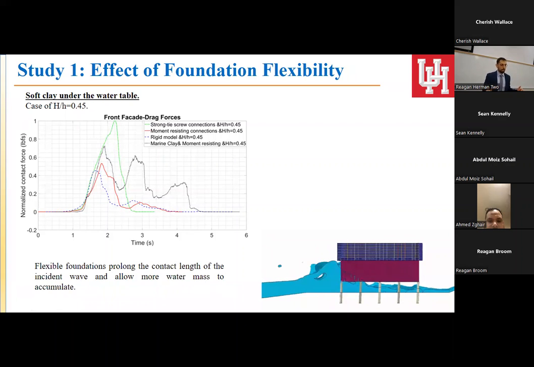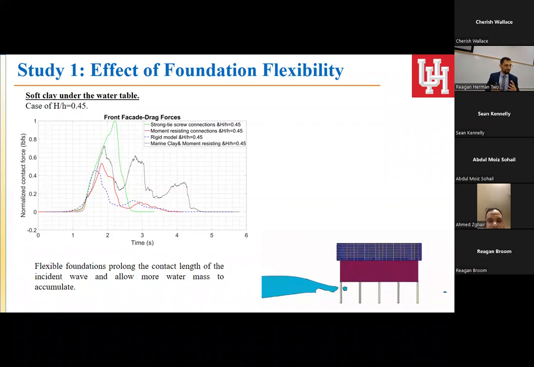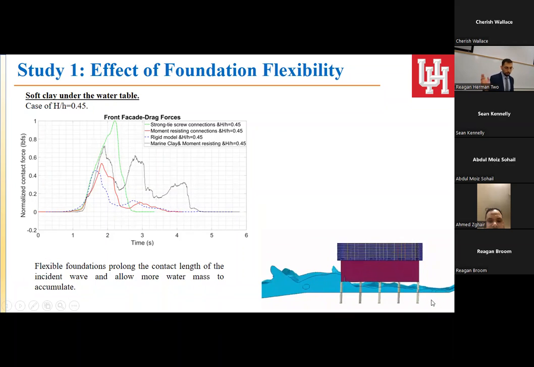But with soil structure interaction enabled, we see that the house receives, I wouldn't say drastically, but maybe more forces than without counting SI. As you can see in the movie, for the embedment length of 5 times the diameter, the house, after receiving the wave loading, deforms in a way that stays hanging, and more water is allowed to accumulate on the facade.